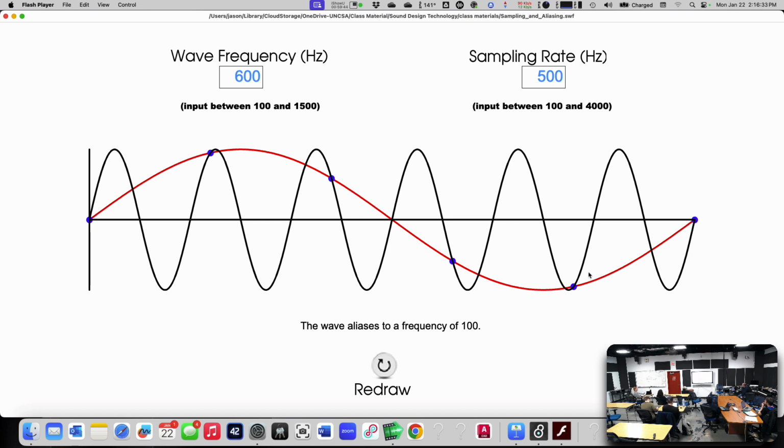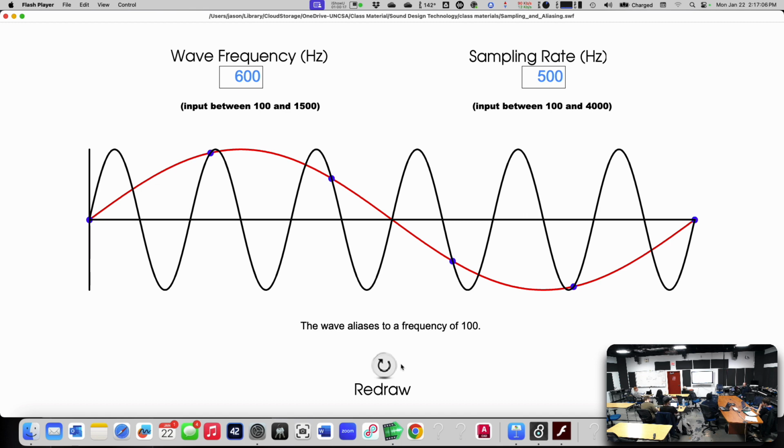Okay? But the rule of thumb is you need sampling rates that are twice as high as the frequency you're trying to encode. Now, generally speaking, the range of human hearing is thought to be around 20 hertz to 20,000 hertz. So to encode the range of human hearing, you need at least 40,000 hertz, 40,000 samples per second. You need to be taking that snapshot 40,000 times every second in order to encode all the frequencies that human beings can hear.